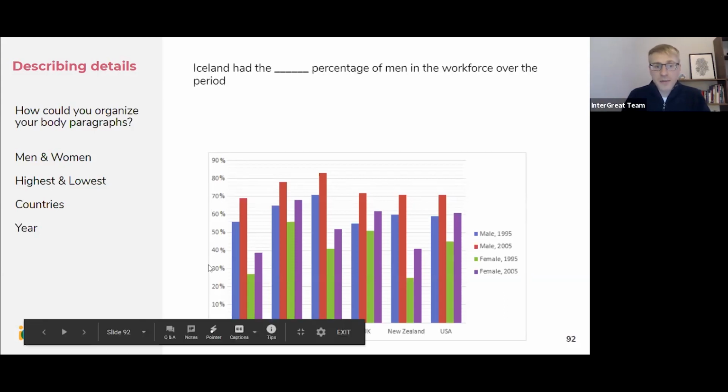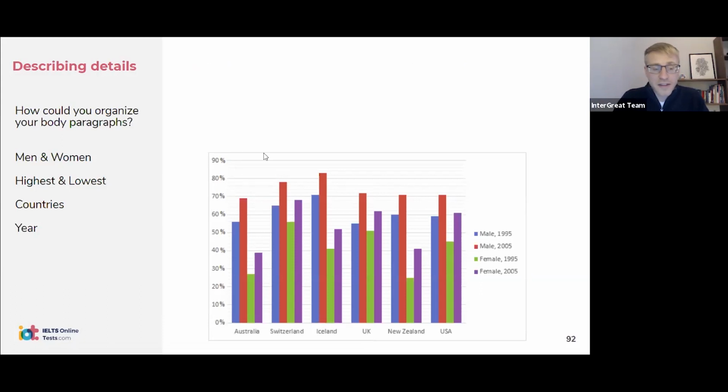Now, there are different ways to do this, but I think the most logical one here is to divide it by male and female, right? Because that lets you compare the years, but you're still quite focused on one data point. Okay, so let's see.